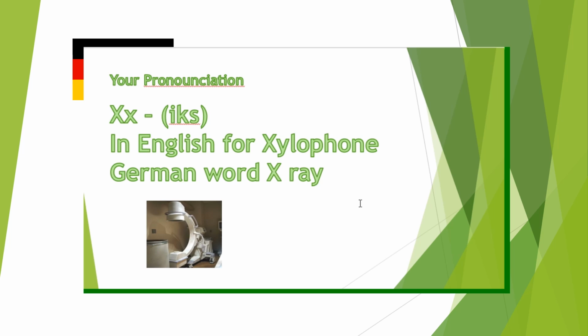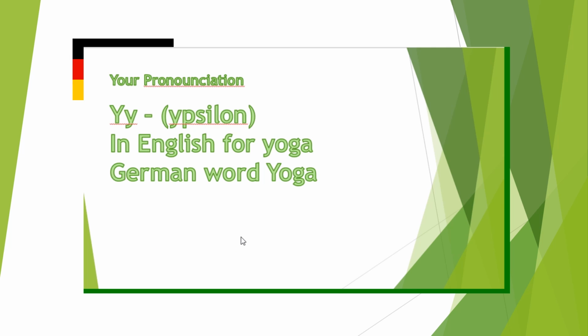X in English is pronounced as X in German, like X-ray. X-ray in English can be pronounced in German as X-ray. Y is Ypsilon. It's not much of use and the pronunciation is almost the same, like yoga.